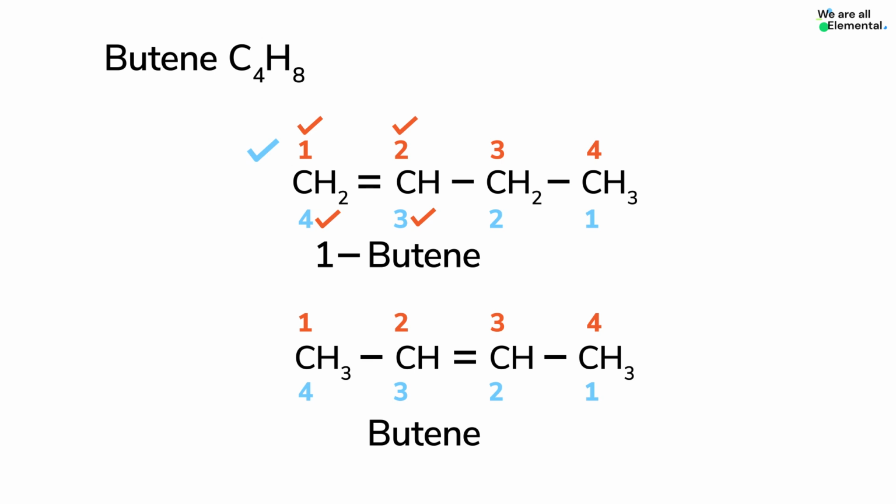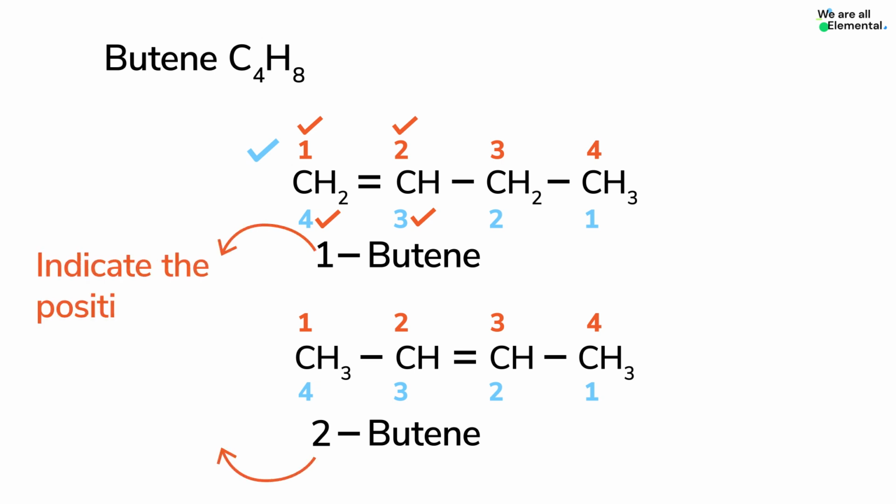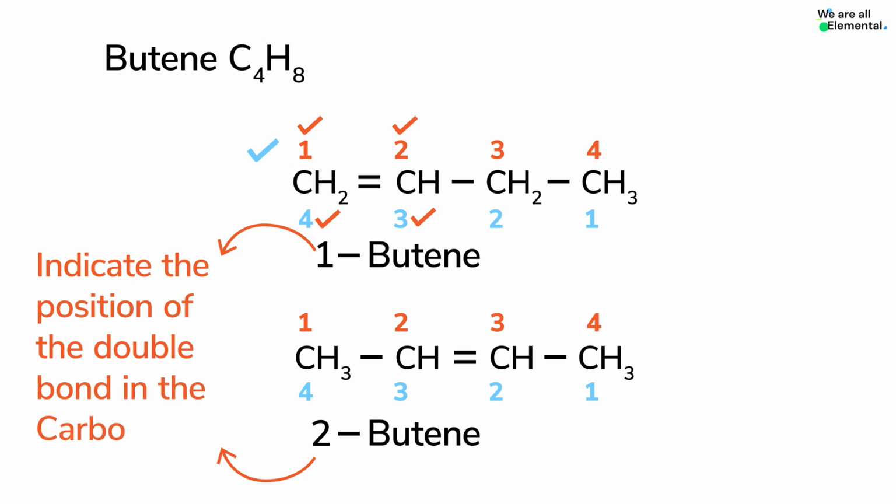So we choose the lower number 2 and write it in front of butene with a hyphen in front. So the two possibilities with butene is 1-butene and 2-butene. The numbers 1 and 2 indicate the position of the double bond in the carbon chain.